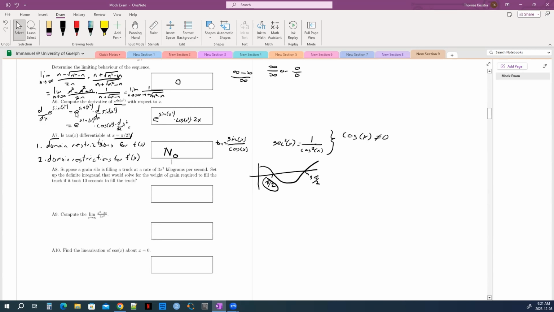Okay. Now for A8, we're looking at a grain silo and we're filling a truck. So here we're given a grain silo filling a truck.